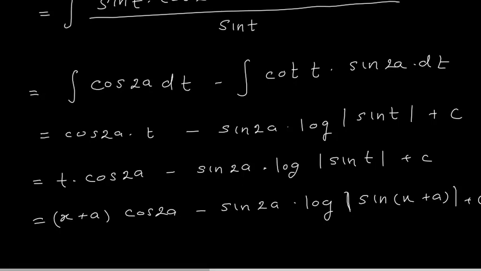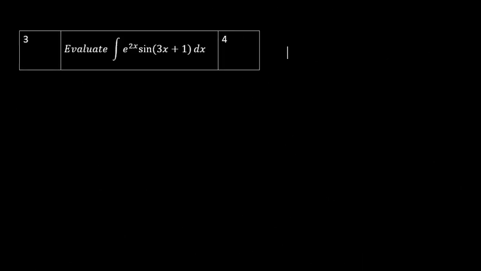Now let us go to the next problem. The next problem is e power 2x sin of 3x plus 1 dx. Your integration I is equal to the integration of e power 2x into sin of 3x plus 1 into dx.